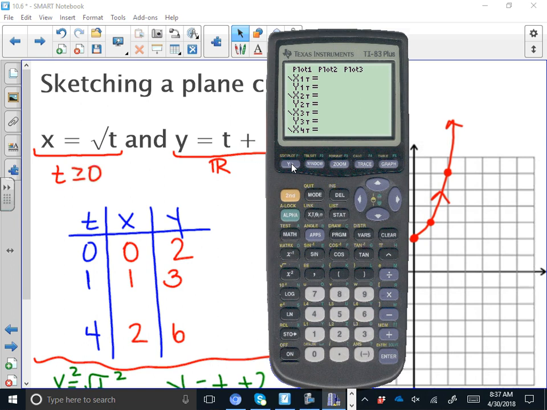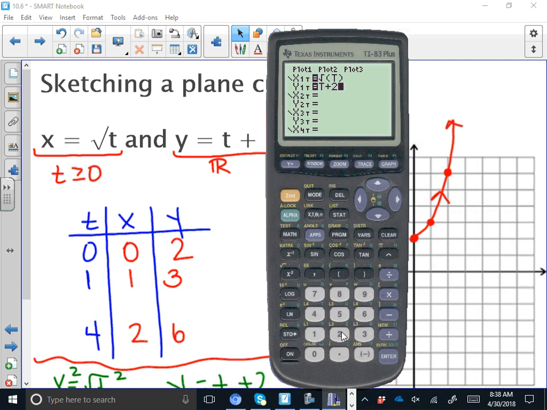Isn't that cool? So we can put the square root of T in here. When you press this button, it's going to give you T instead of an X. And then for Y, T plus 2.